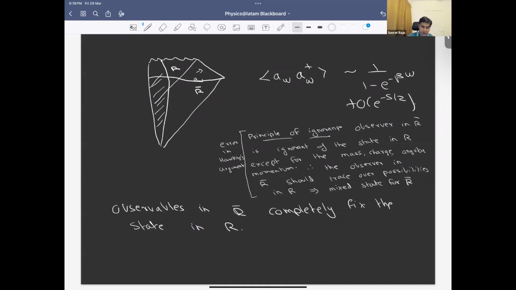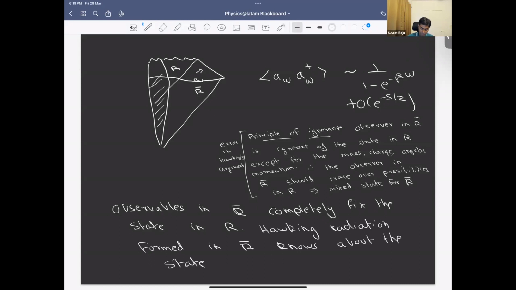So if the Hawking radiation is formed in R bar, it knows about R, it knows about the state of the infalling matter, right?